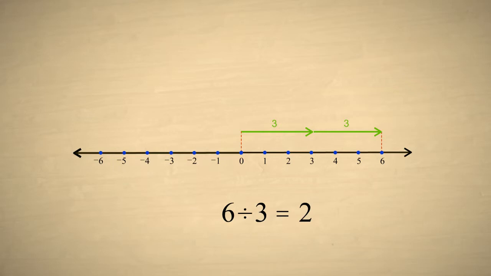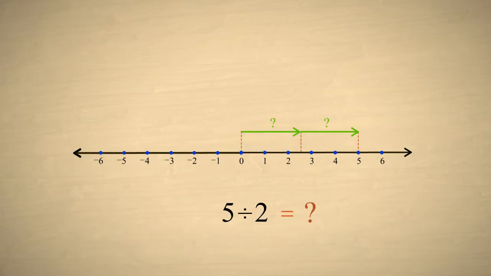But the result of a division operation involving natural numbers cannot always be represented by a natural number. For example, what if we divide 5 by 2? Using the first interpretation, we divide 5 into 2 equal pieces. The length of each piece is greater than 2 but less than 3.